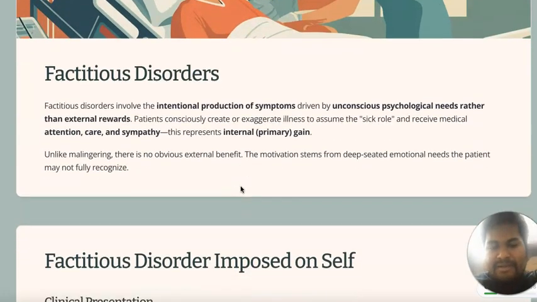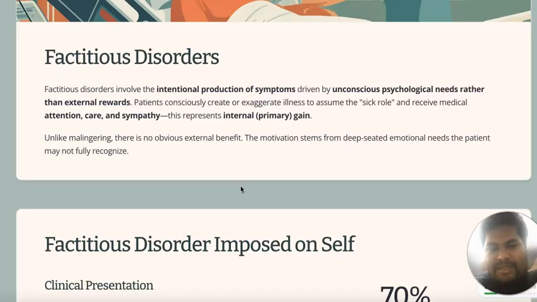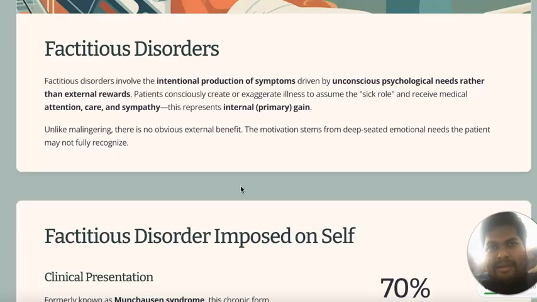In factitious disorder, as I said earlier, they intentionally produce symptoms, but that's because of not the external gain but the internal gain. So when it's internal gain, we say it's unconscious, okay, because of the unconscious psychological need for attention, care, and sympathy.